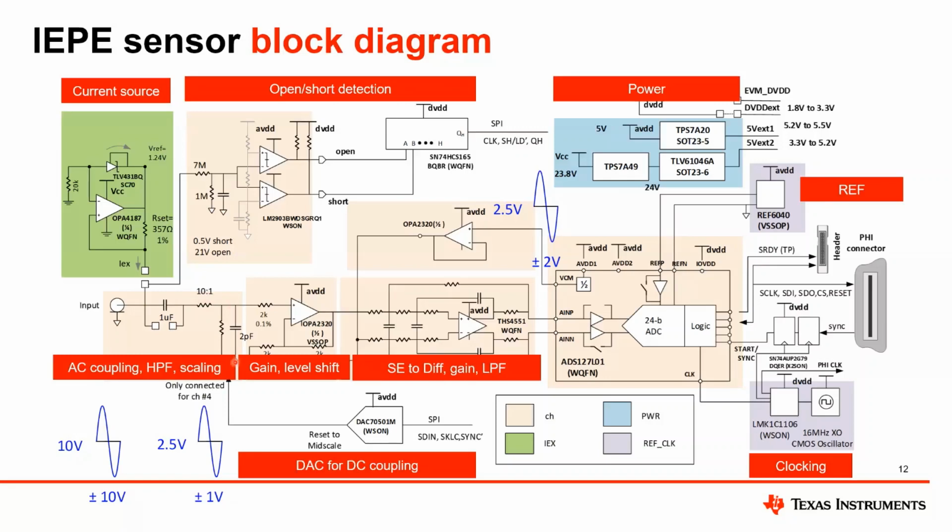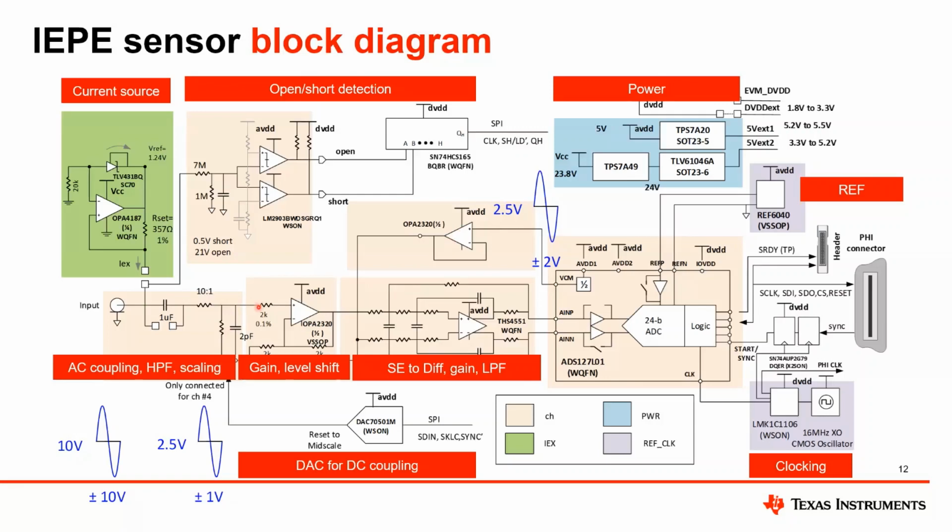This 2.5 volt is coming through the common mode generated by the ADC, buffered to improve the dynamic performance, and going to the potential divider so that we can shift the signal to the 2.5 volt required for the high dynamic range we need for the signal chain.